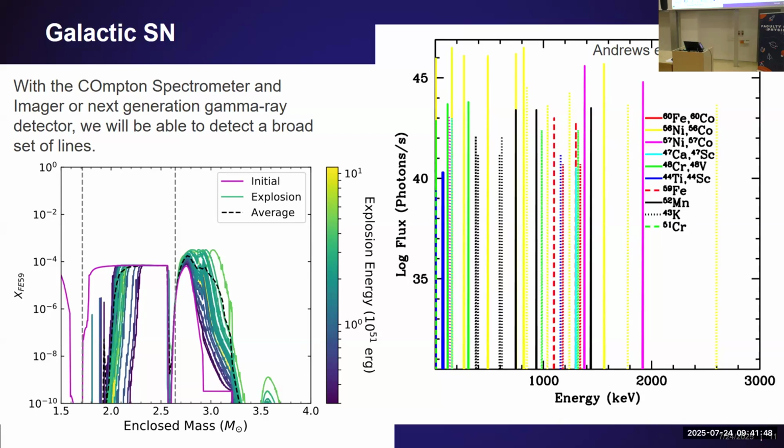But right now we don't have that much data, and then we have all these uncertainties. So you can't just say I observed the titanium and I'm done. But if we had a galactic supernova, even in the radioactive isotopes, I wouldn't just have nickel-56 and titanium-44. I'd have all these other isotopes, and I could use them to start to put together this detailed picture of what must have happened.